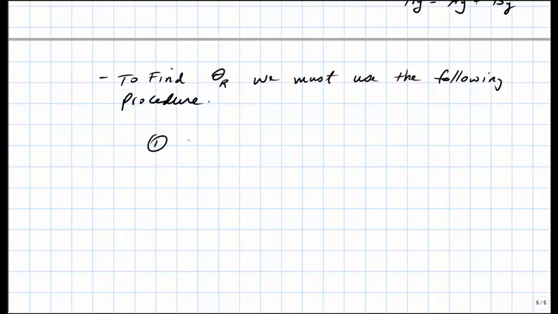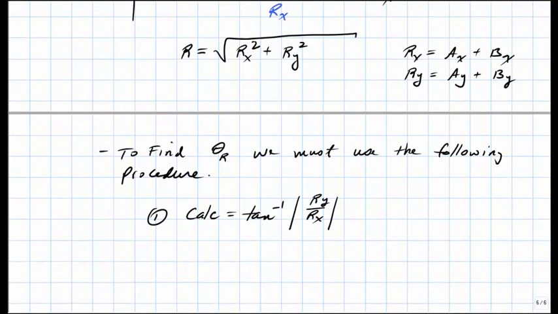We're going to calculate, using our calculators, the following quantity. We're going to find the inverse tangent of the absolute value of r sub y divided by r sub x. So in other words, this is how we calculate r sub y and r sub x. And once we do that, and we have the magnitude, we'll then reuse them within this equation and disregard the signs, because we will strip the signs away through this absolute value feature.